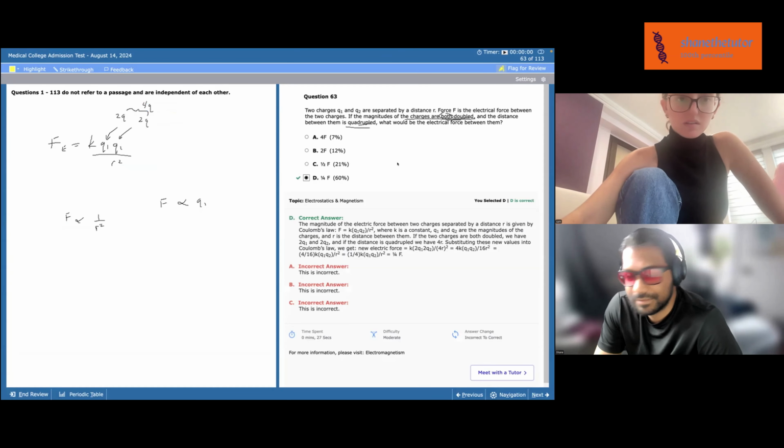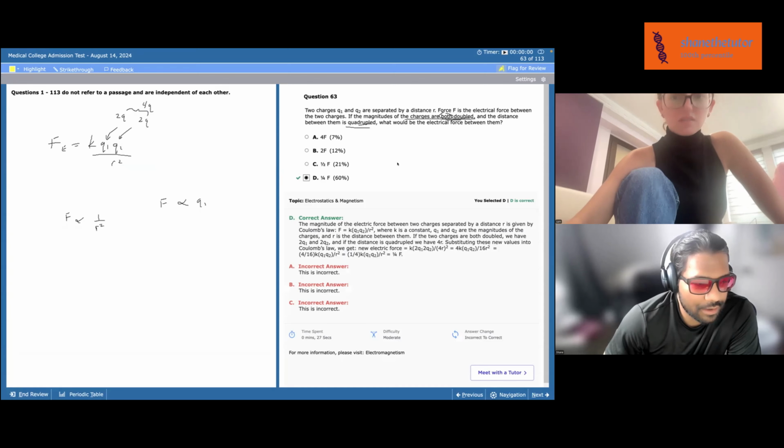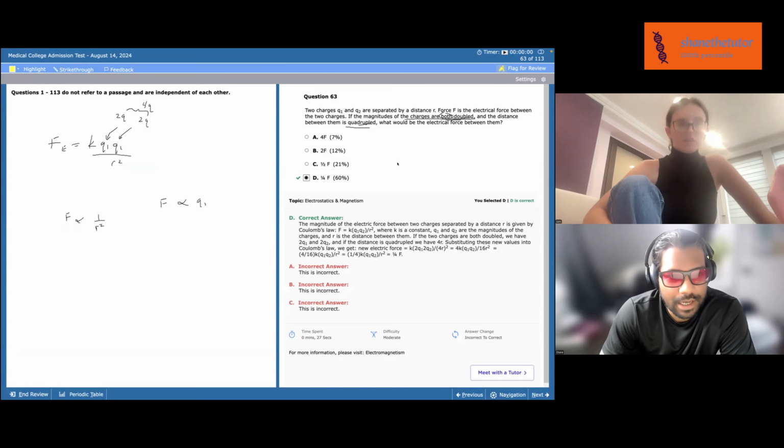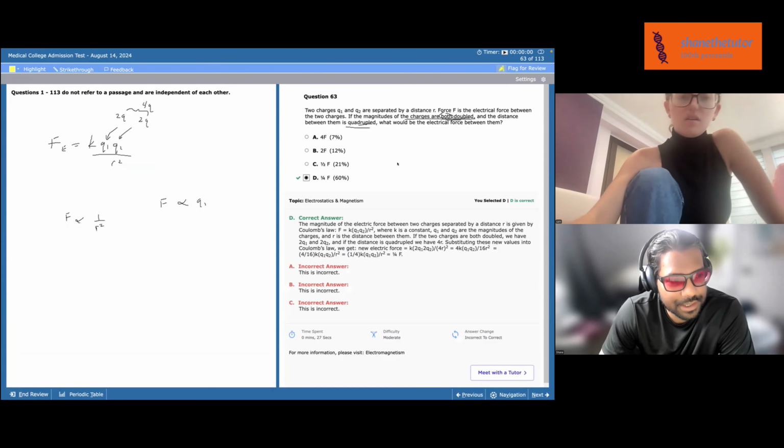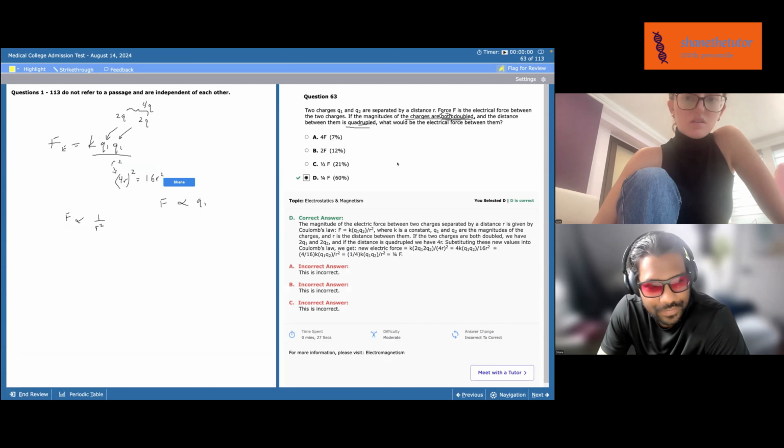Yes. And then if the distance, the radius between them is quadrupled, 4r, when we square this, we get 16r squared, right?